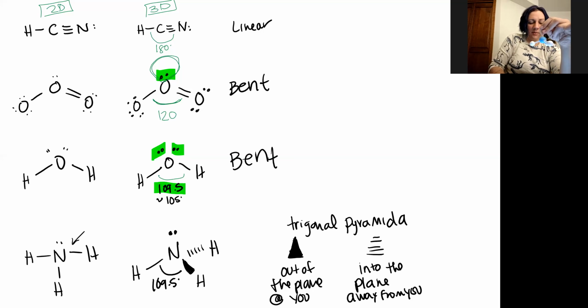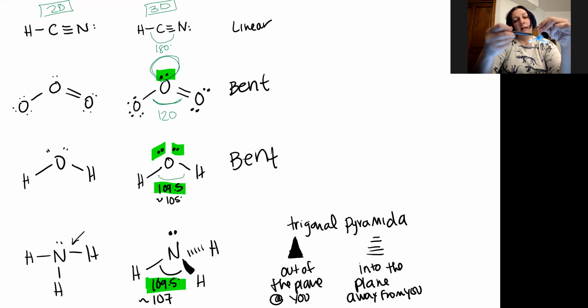It's probably more like 107. And that's going to be something that's pretty specific to this nitrogen. If we had a different element in there and different elements bonded to it, it would possibly be different. So that difference away from 109 will be influenced by the atoms that make up the molecule.